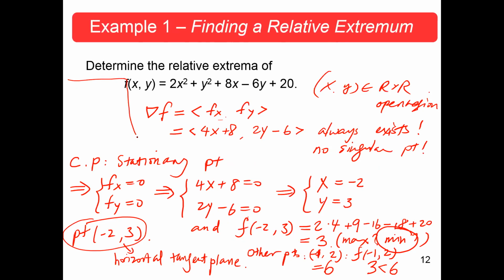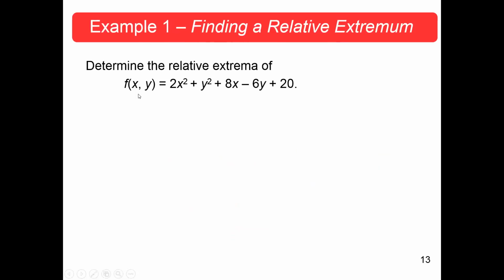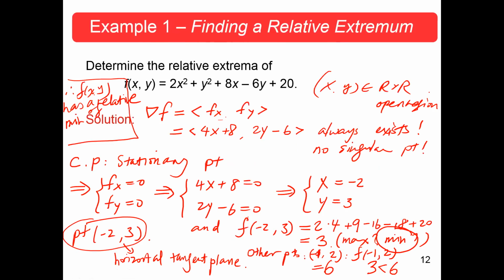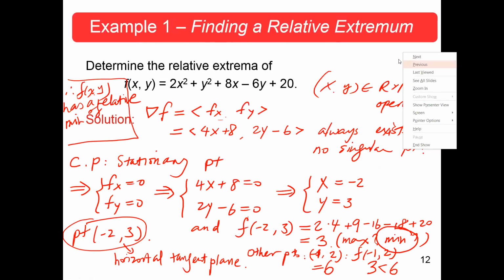We can write a summary here. We can say therefore function f of x, y has a relative min, minimum value of 3.